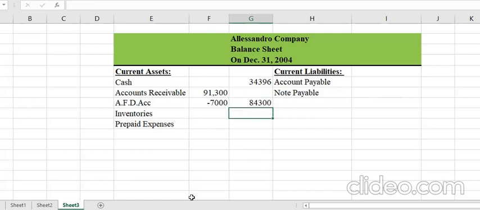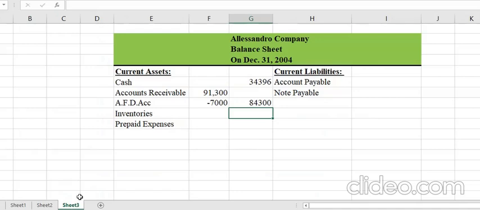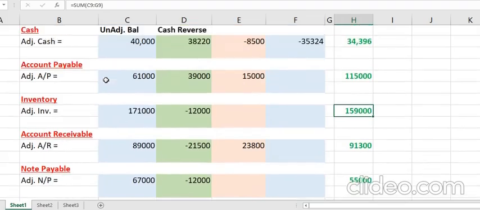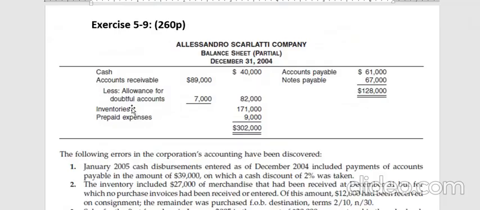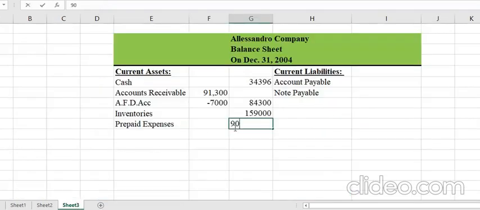Then let's see if we have any adjusted inventory. Before adjustment the inventory value was 171,000, now it's 159,000. So I will shift 159,000 here. We also got prepaid expenses, and we did not have any adjustment for prepaid expenses, so whatever the value was, we will use it as it is. Prepaid expenses 9,000, I'm going to use it here.